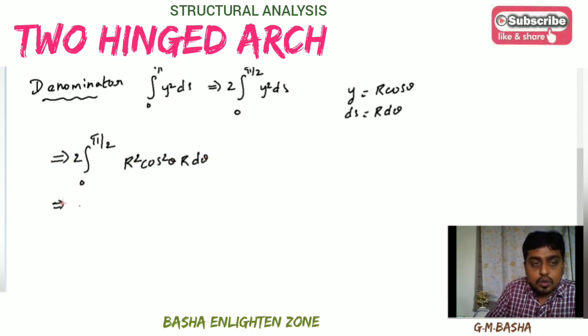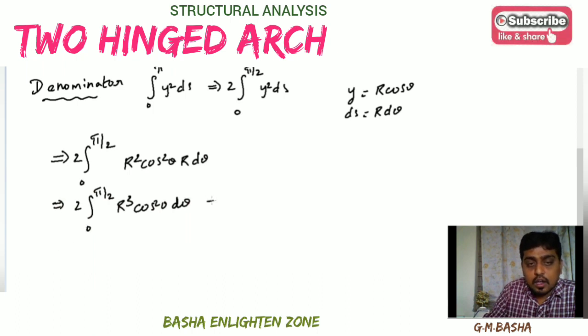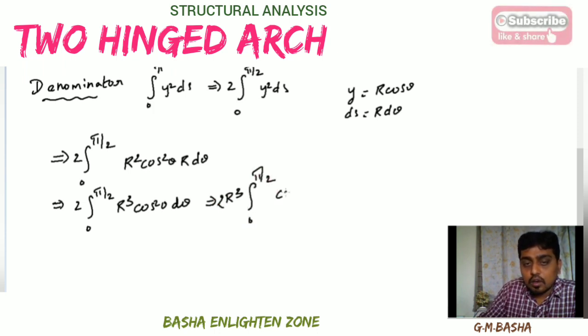If you simplify this one, you will get 2 times of 0 to pi by 2 r cube cos square theta d theta. Again I am sending this r outside, 2 r cube integral of 0 to pi by 2 cos square theta d theta.